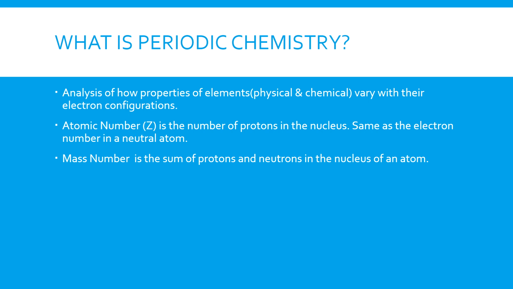Now we know mass number. What is the mass number? Mass number is basically the sum of protons and neutrons. So you know that the nucleus of the atom is the heaviest aspect of the atom, right? And the shell and the electrons are very light.